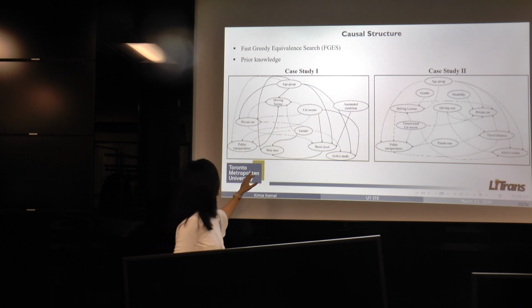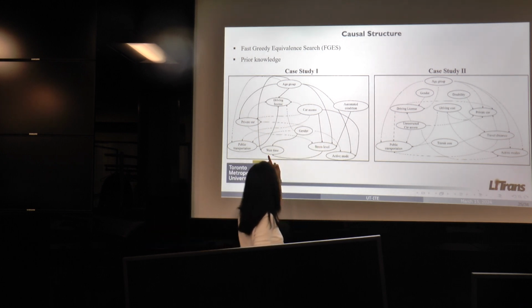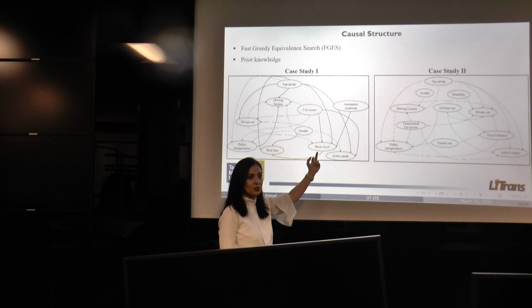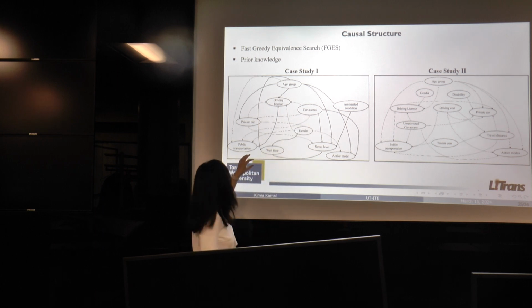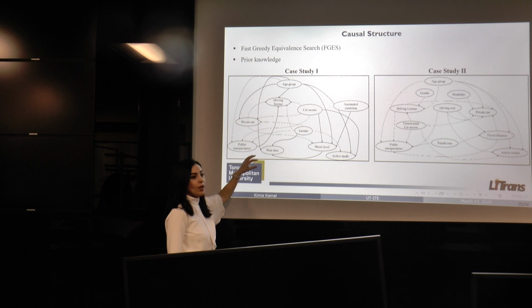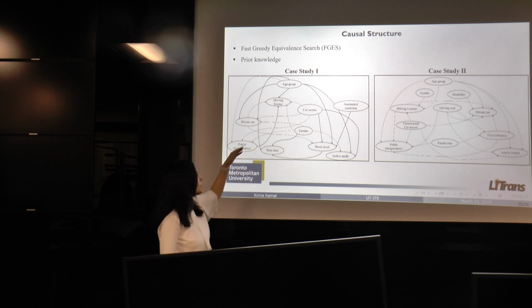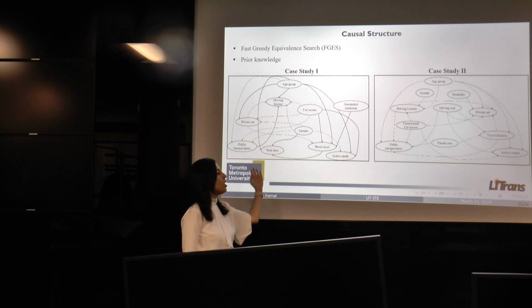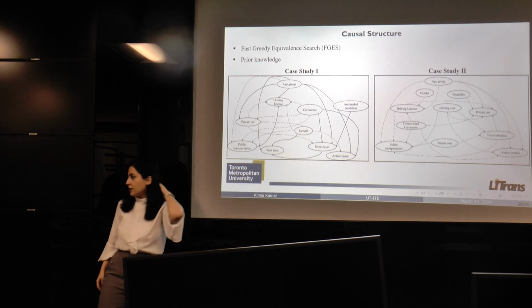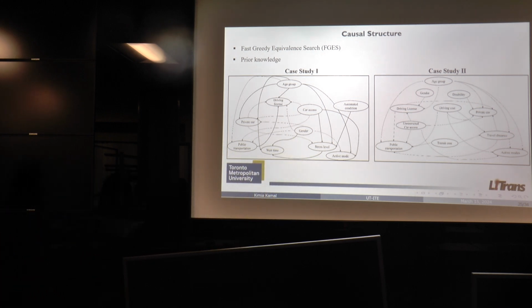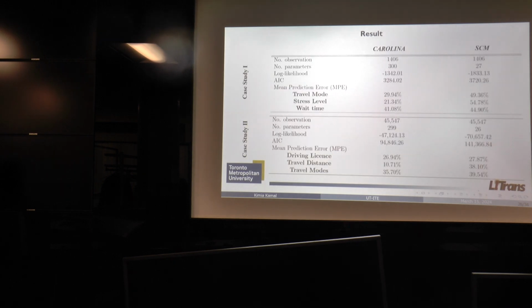In this case, if we condition on the stress level, we block the effect of car access on the waiting time. So if we are interested in the effect of car access on waiting time, by conditioning on the stress level, we cannot find it. So that's why I'm saying that we need causality analysis for policy assessment.